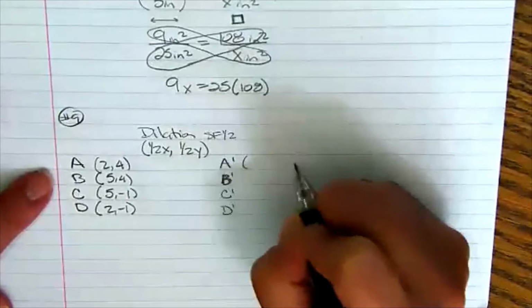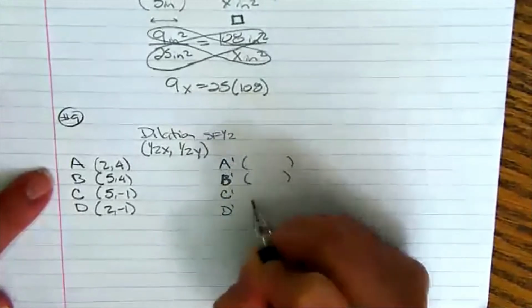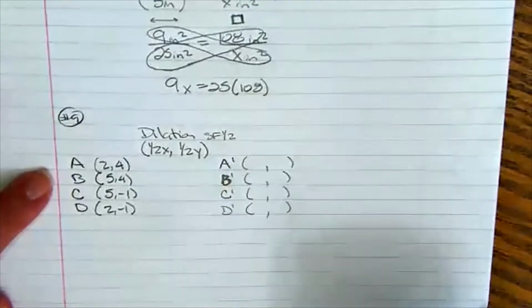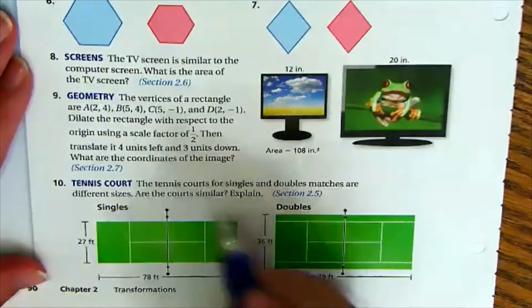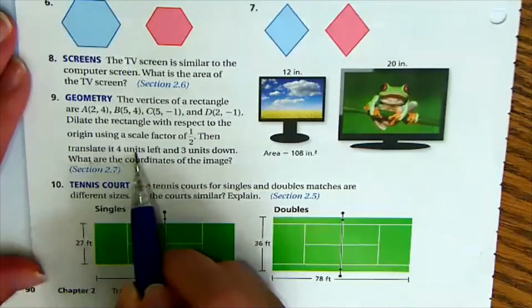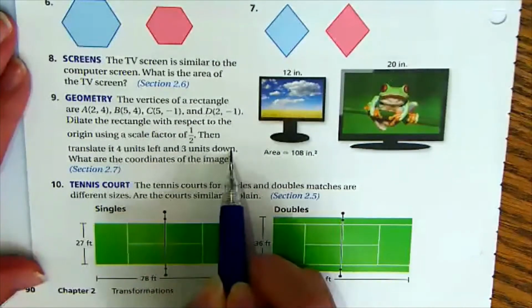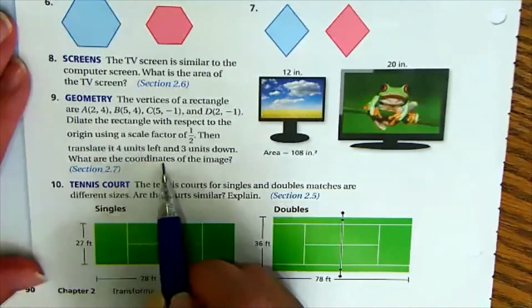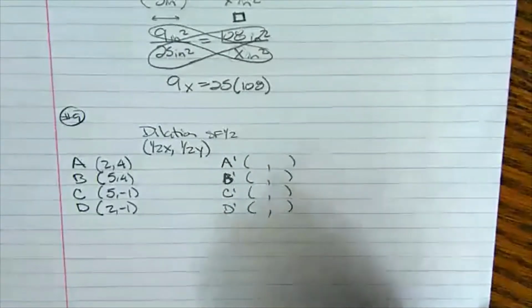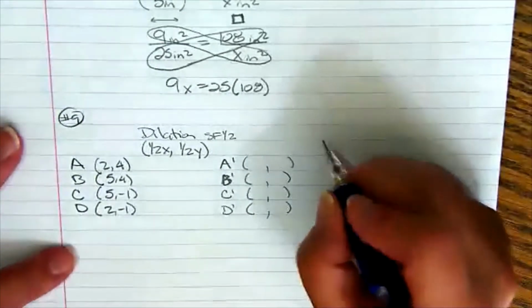Okay, so we're going to end up with a new set of ordered pairs for our image. Now, then the problem is telling us, then translate 4 units left and 3 units down. What are the coordinates of the image? So they want us to do a second transformation.